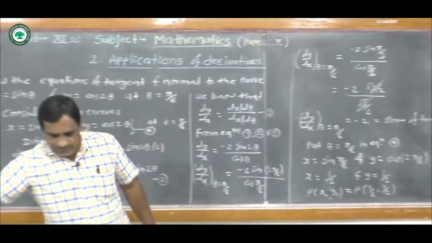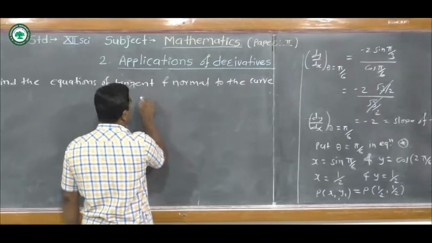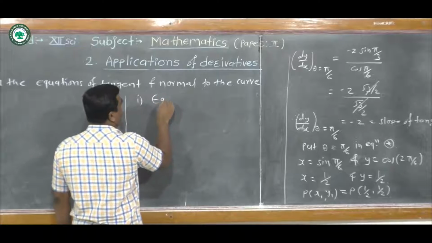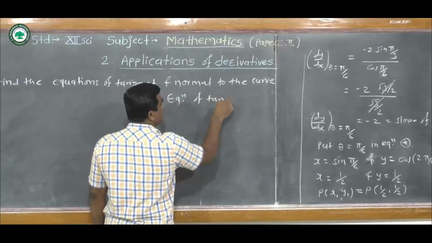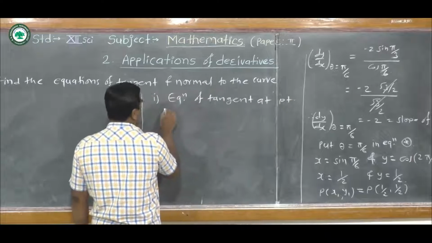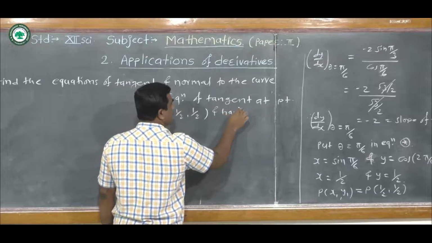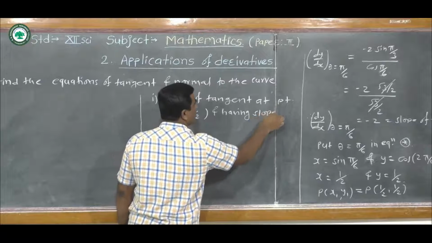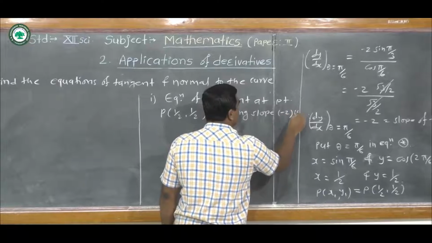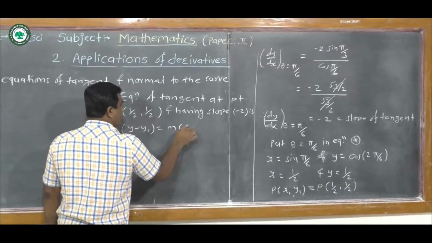Okay, now we write here, number first, equation of tangent at point P(1 by 2, 1 by 2) and having slope minus 2 is y minus y1 equal to m into x minus x1.